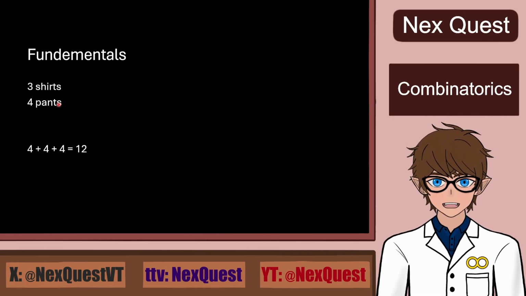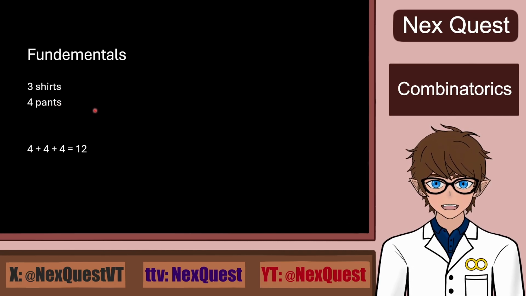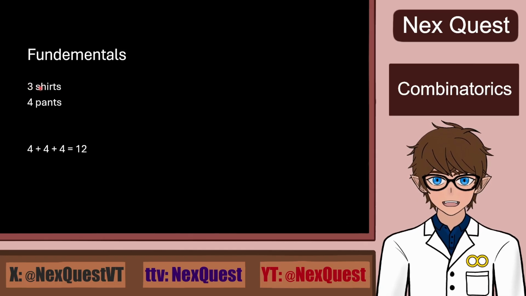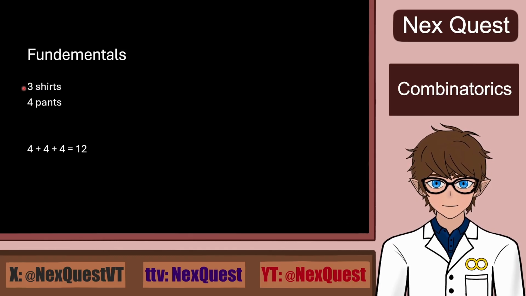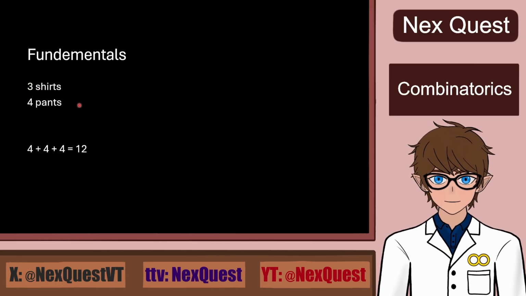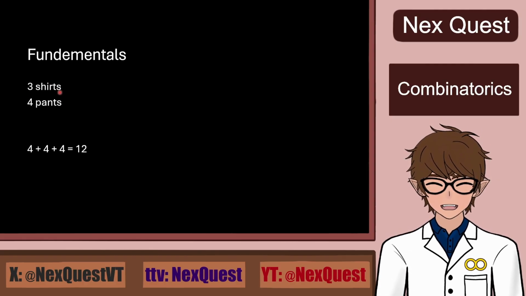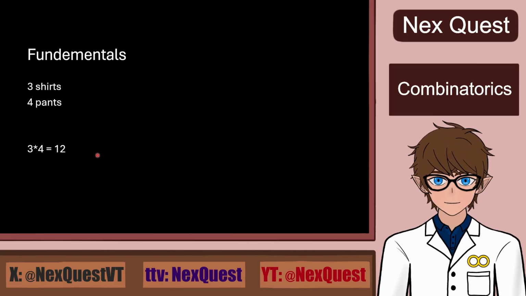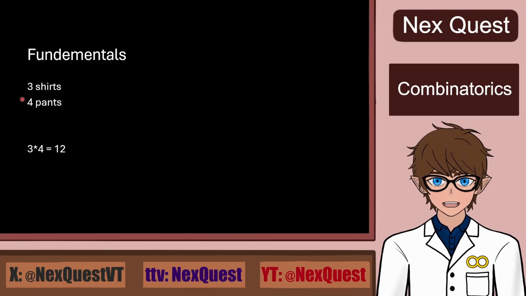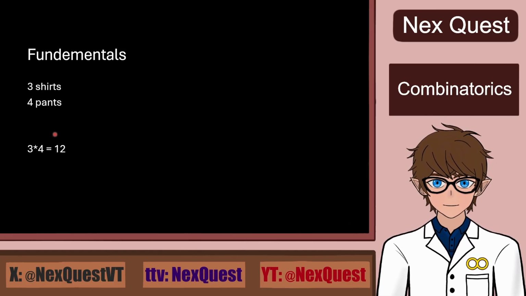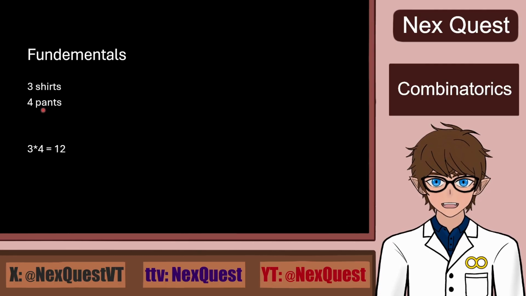We would pair each with each. So for the first shirt, we would have 4 combinations, one with each pair of pants. Then the second shirt would have 4 again, and the third shirt would have 4 as well. That adds up to 12. Or in other words, 3 times 4 is 12. It is the formula for all the combinations we can have here.